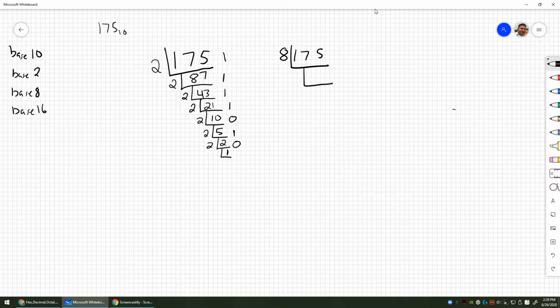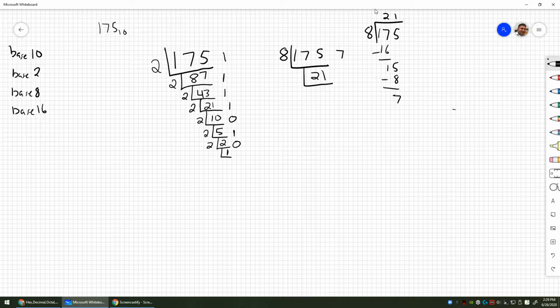So let me come up here, in the margins in the blank space. Set this up. Okay. 8 into 17 is a 2. 8 into 15 is a 1. So 21 times with a remainder of 7.